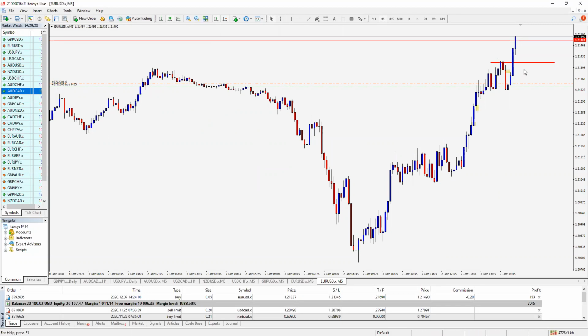Another thing we can do when we have a profitable trade, if we think this is a fresh demand, I'm not sure I think that, but if this was, you can take profits, and then on the next pullback, you can add to that position. So you maximize profits.